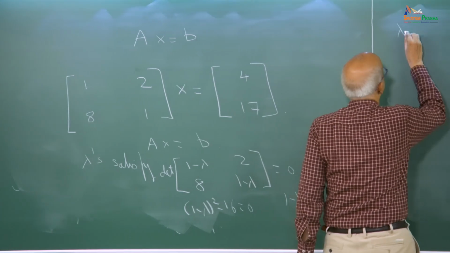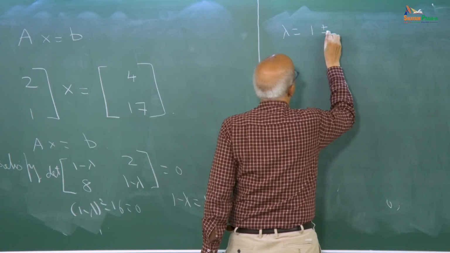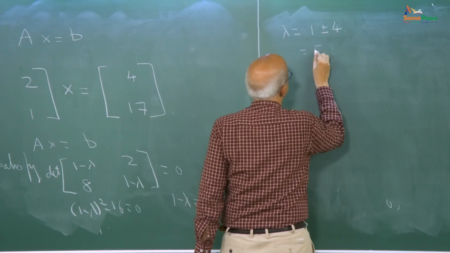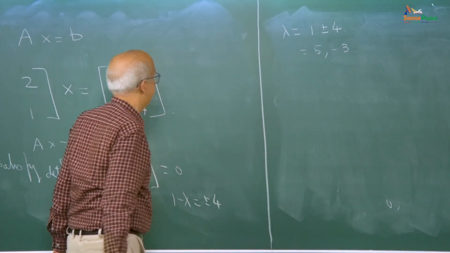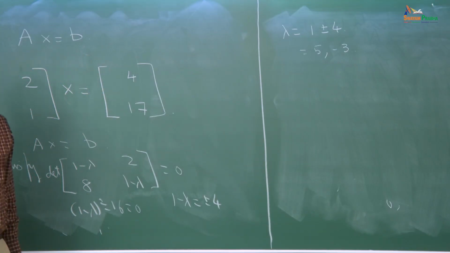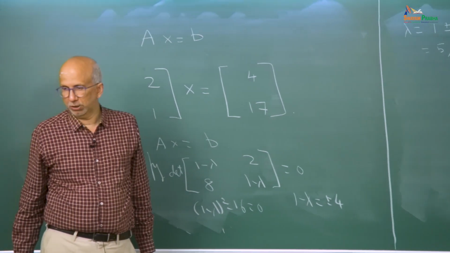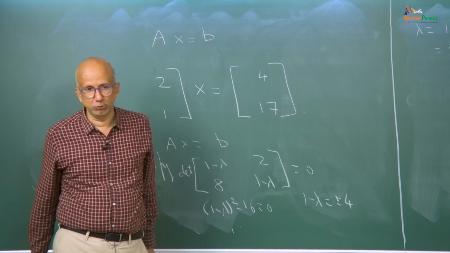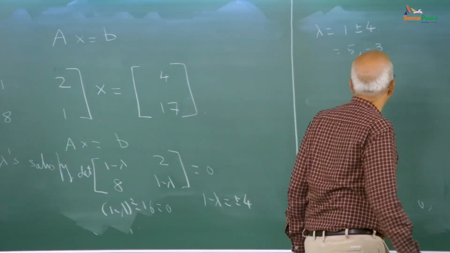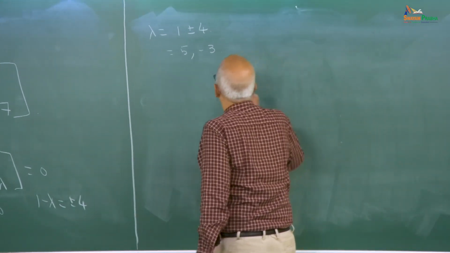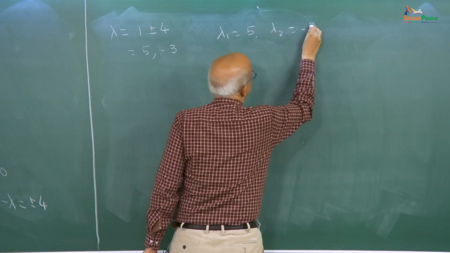So, lambda is 1 plus or minus 4, which is 5 and minus 3. Is that right? So, I have two eigenvalues now, 5 and minus 3. The first thing is you heave a sigh of relief, there is no 0. So, you do not have to worry about the solvability condition, this definitely has a solution. If lambda equal to 0, then you have to look at what I did earlier. So, let us call lambda 1 equal to 5 and lambda 2 equal to minus 3.